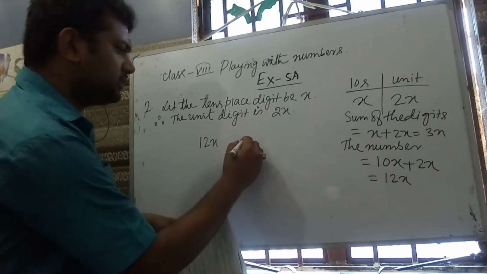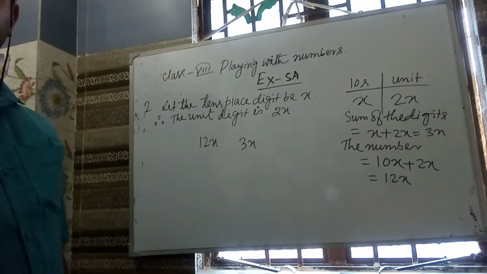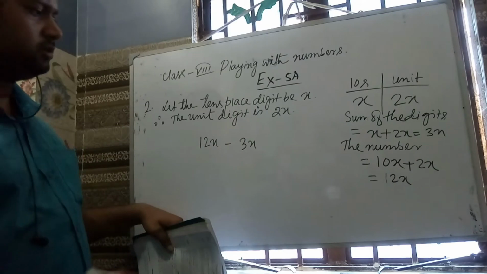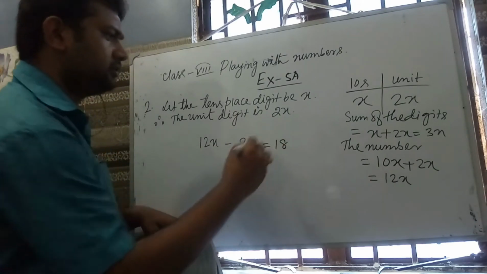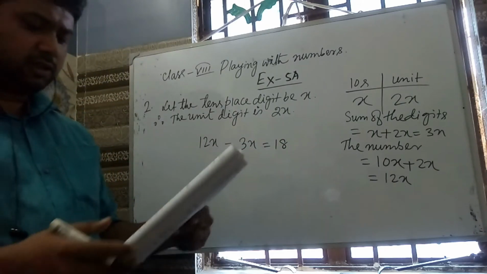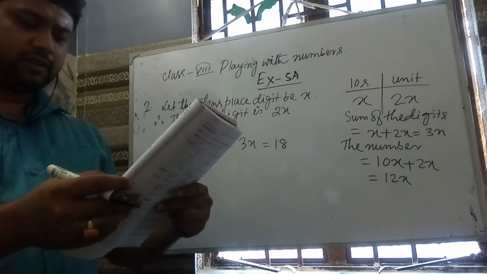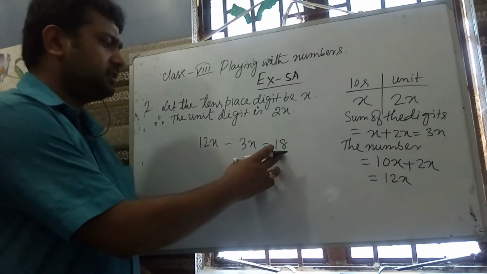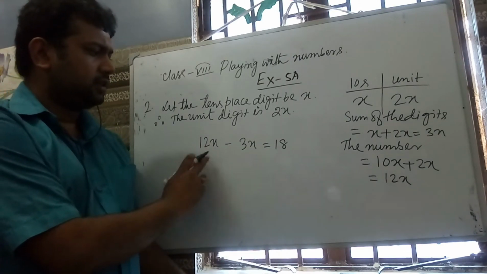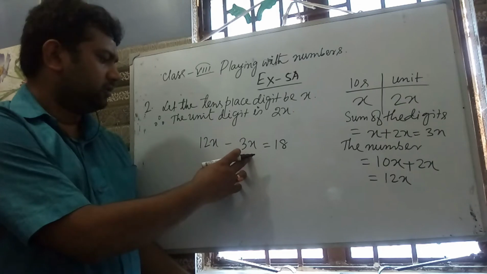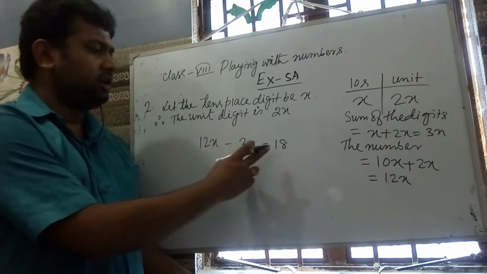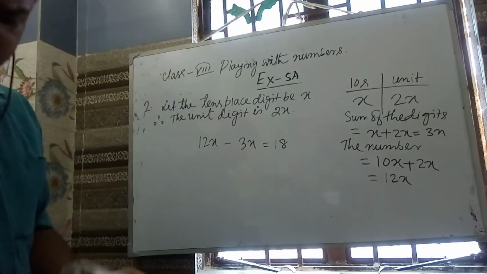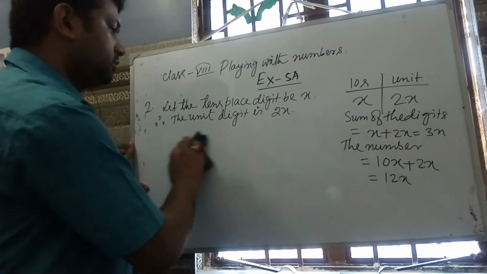The sum of the digits is 3x. Exceeds means this one minus this one equal to 18. Exceeds means the number is greater than the sum of the digits by 18. That is, if we subtract the sum of the digits from the number, we will get 18. Okay?